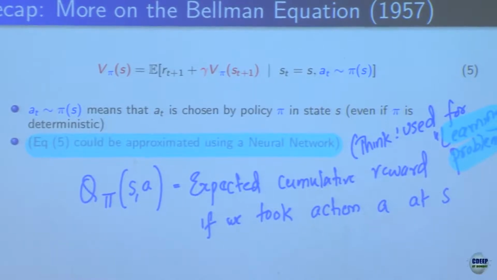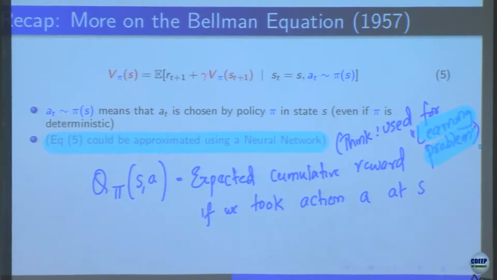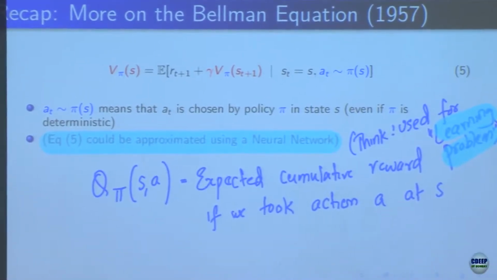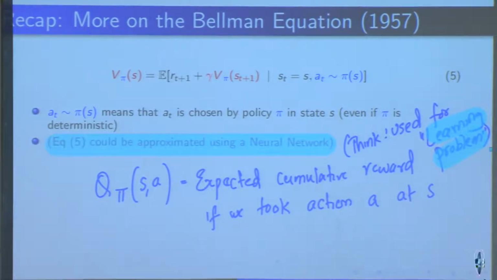When you say V, this reward is part of it. Again, let's not get into the details. You'll structure it in the neural network in such a way. In fact, often you don't even do V, you actually look at Q. So Q learning: instead of learning V, you can be learning Q. Yes, you are right, because this Q is more specific: if I took action A at state S, what would be the expected cumulative reward?